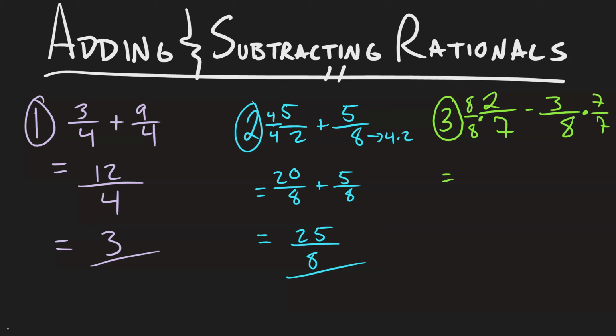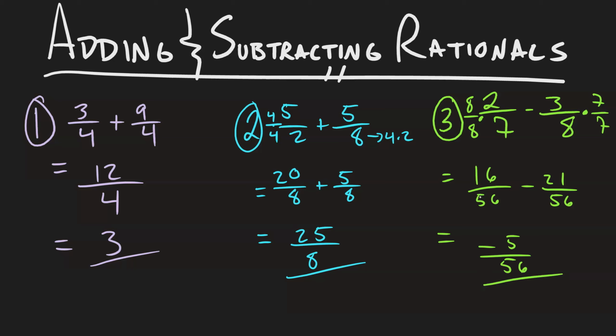This is going to give me 16 over 56 minus 21 over 56. Now that we have common denominators, we just have to subtract. So 16 minus 21 is going to be -5 over 56. The fraction itself can't be simplified, so that does it.